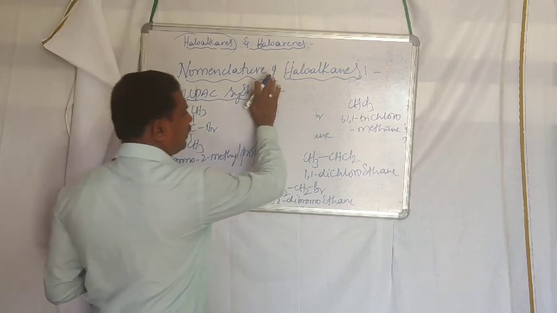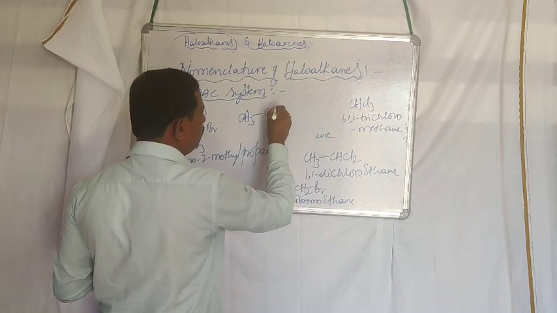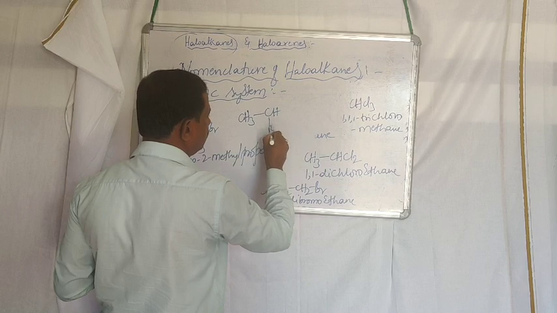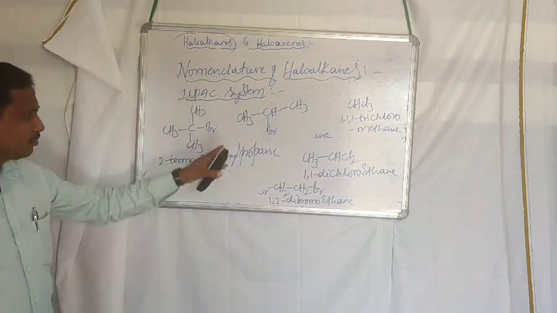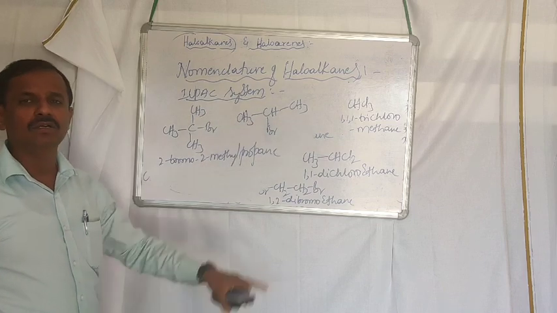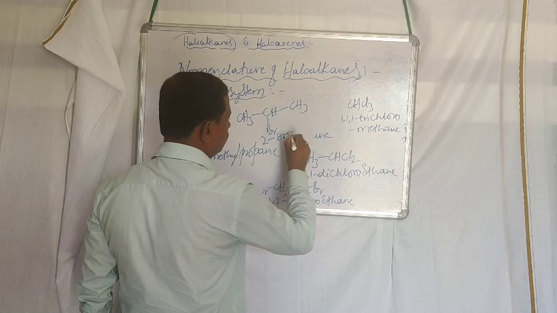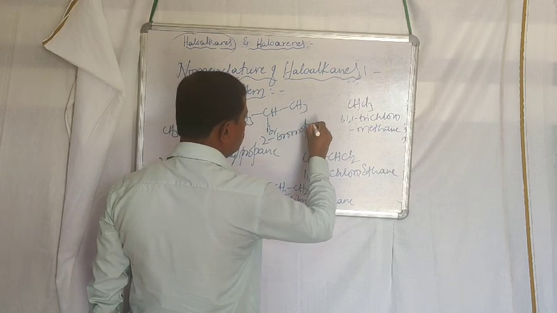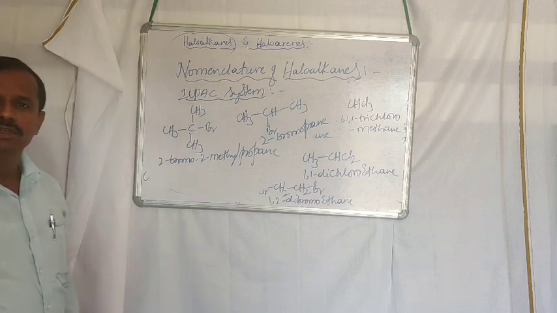You take another example, CH3 CHBr CH3, 2-bromopropane. These are all nomenclatures.